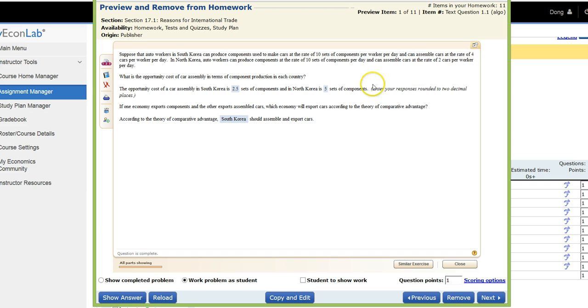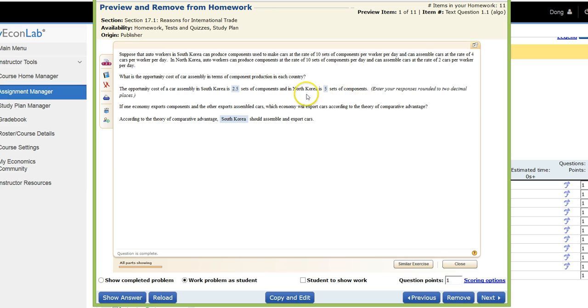That's going to be 7.5, which is higher than 5 for North Korea workers' opportunity cost of assembling cars. So in that case, North Korea should assemble cars, not South Korea, and export cars. So the numbers here will determine who exports cars.